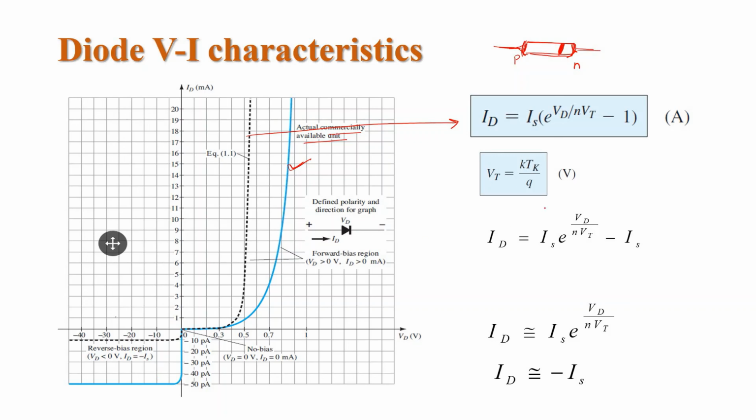For every 10 degrees Celsius rise in temperature for any given PN junction diode, the reverse saturation current IS doubles itself. So for every 10 degree Celsius rise in temperature where you are using the diode, the reverse saturation current will double.